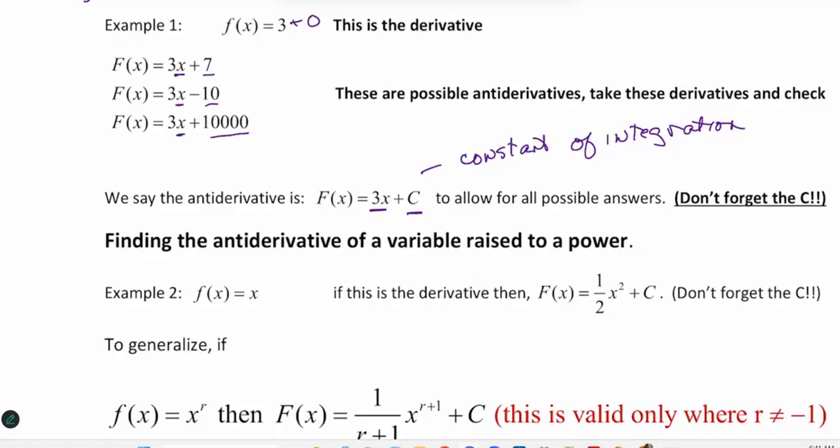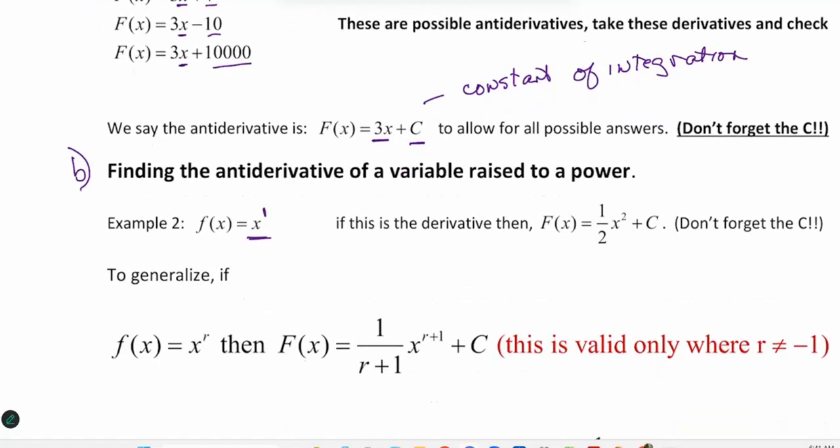Okay, here's another one. What if you're given a derivative that is a variable? To find the antiderivative of a variable raised to a power. So this is raised to the power of 1. This is what we're going to do. We're going to generalize it here. So if you have x to the r, you're going to take that r and you're going to add 1 to it.